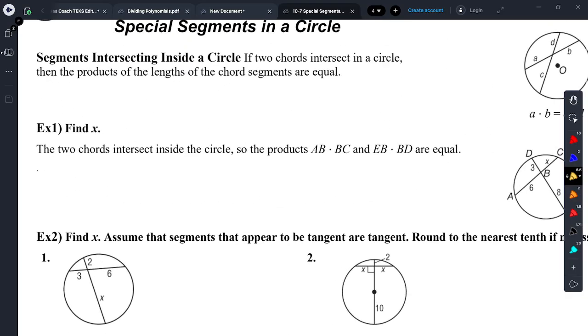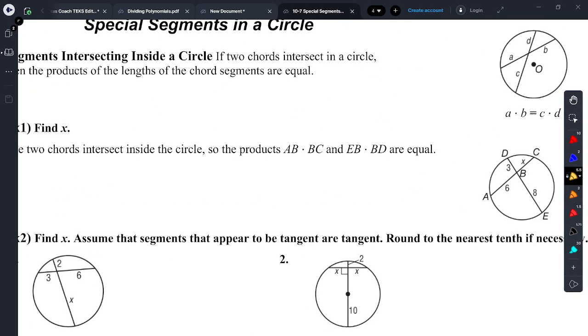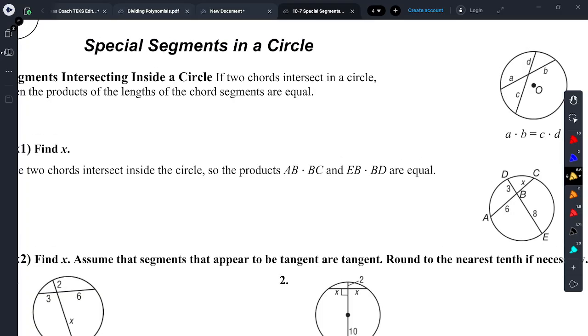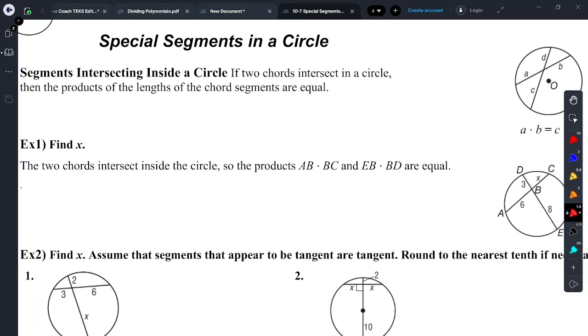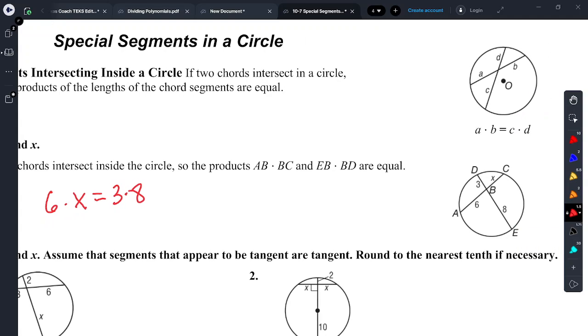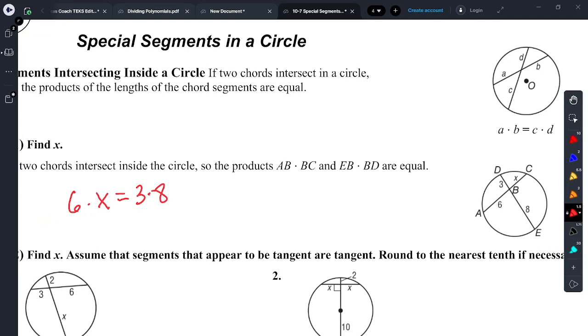So that's all we're saying in example one. If you have two chords, A times B is equal to C times D, right? So given that picture there, 6 times x is going to be equal to 3 times 8. It's easy. So divide by 6, we get x equals 4.